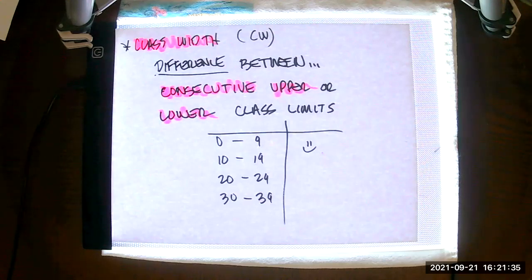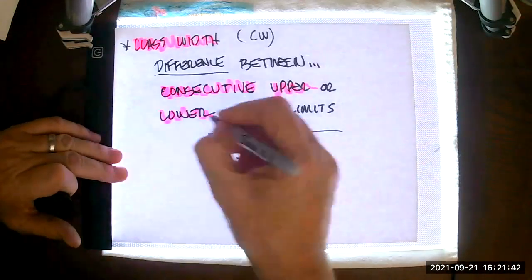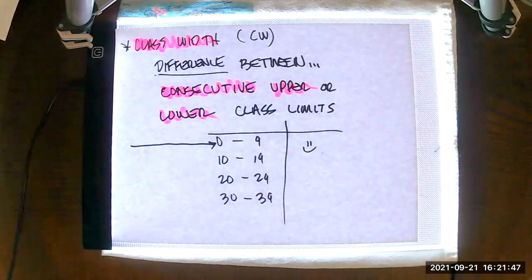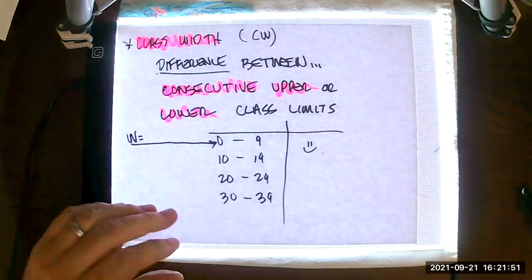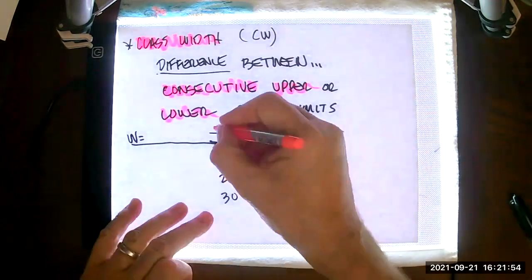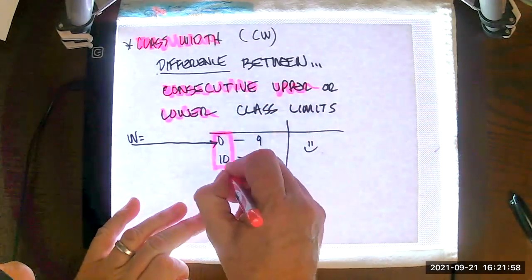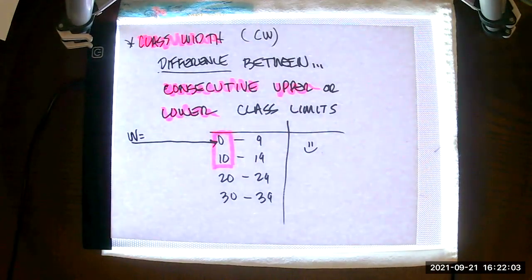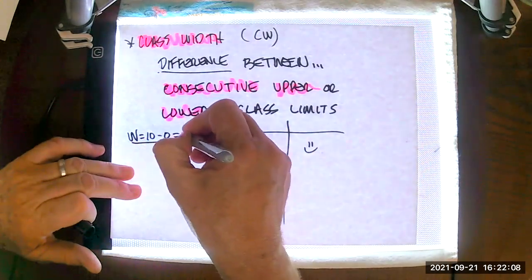So it says consecutive upper or lower class limits. So here's how this has to work for us. For my first class, if I want to find the width for that first class, I need to work with consecutive upper or lower class limits. This time I'm going to work with consecutive lower class limits. So 10 minus 0 equals 10.